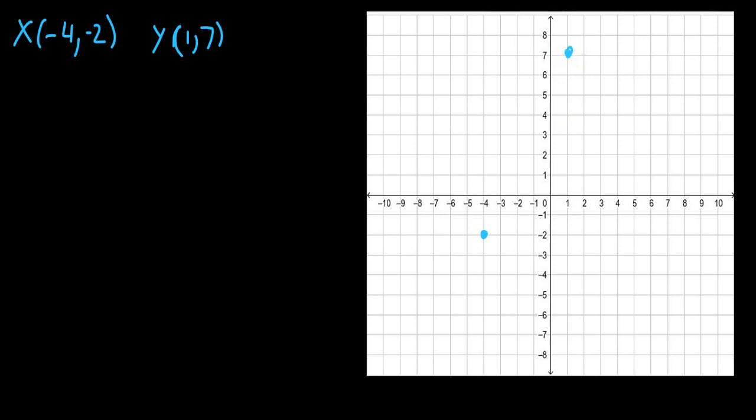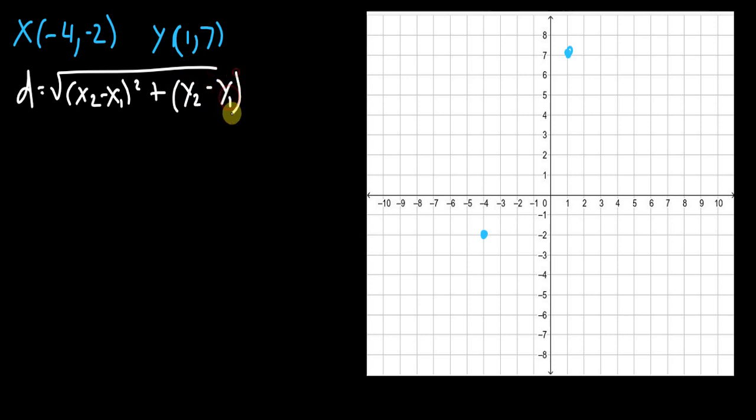Okay. So, ano kayang distance nila? So, again, the formula for distance is square root of the quantity of x sub 2 minus x sub 1 square plus y sub 2 minus y sub 1 square. Okay, so substitute lang natin.